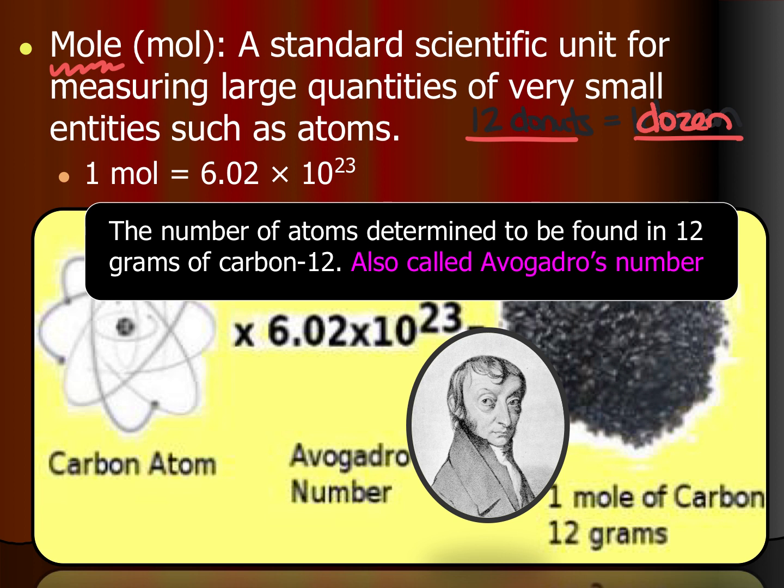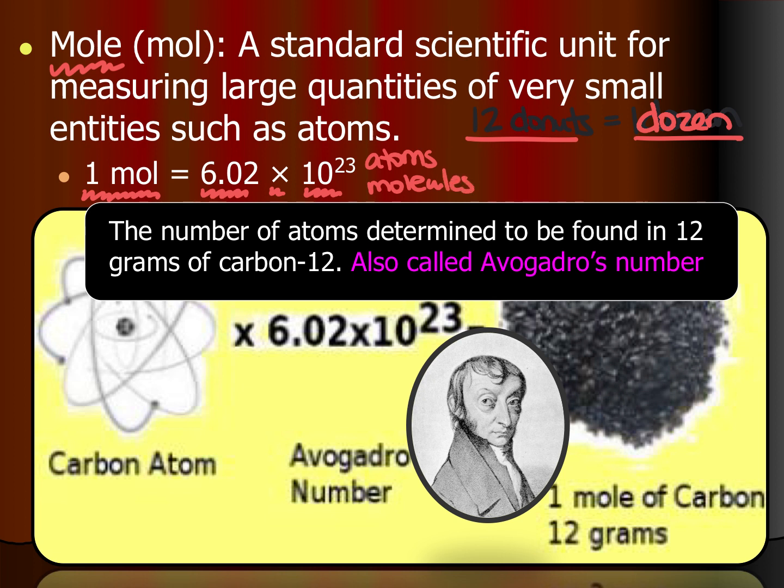When a baker says that you want a dozen, you get 12. When a chemist says to get a mole, you are actually getting 6.02 times 10 to the 23rd atoms, or, if it's a compound, molecules of that material.